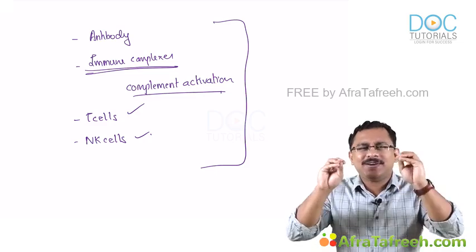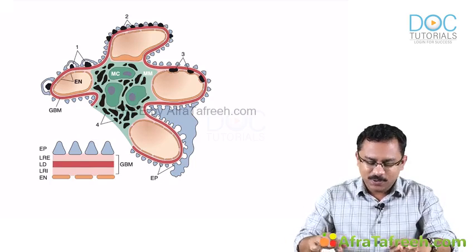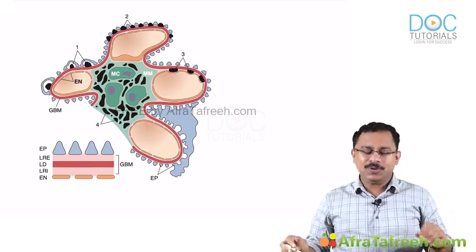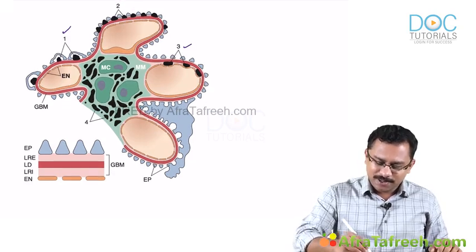Now I am going to show you a very simple diagram from Robbins. Are you able to see certain numbers 1, 2, 3, 4?